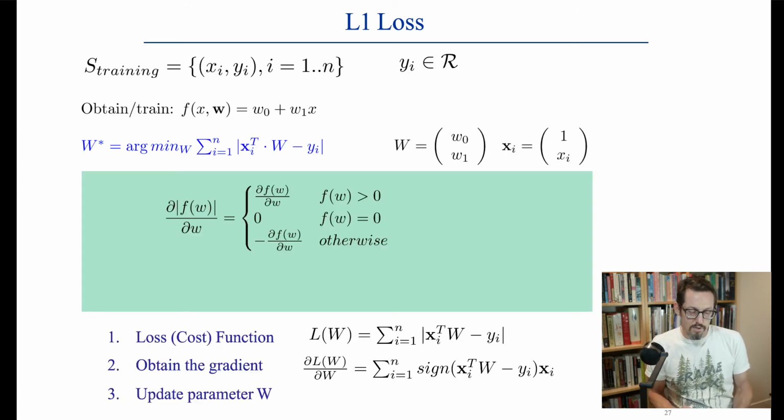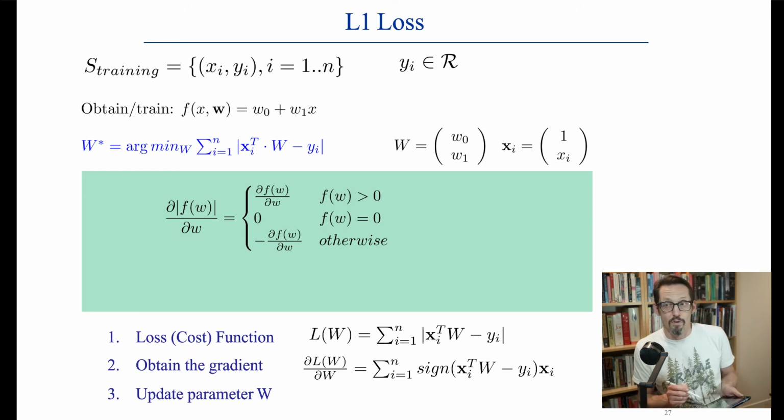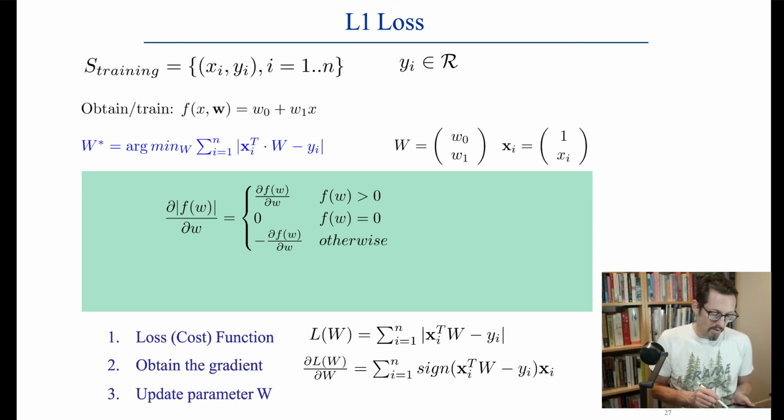So the problem here is that when you take the derivative of the L1 norm, right here, this is the L1 norm of some function, then the L1 norm has this form, right? The derivative of it is the derivative when we're greater than 0. When we're less than 0, the derivative is the negative derivative.